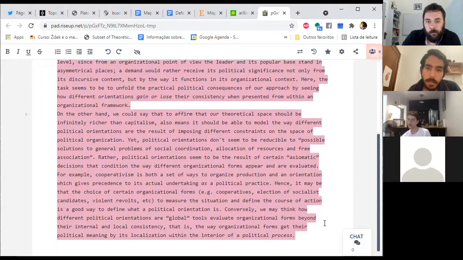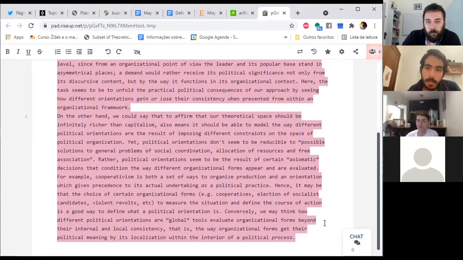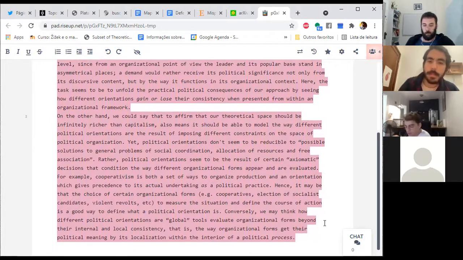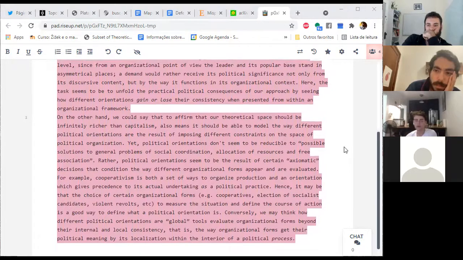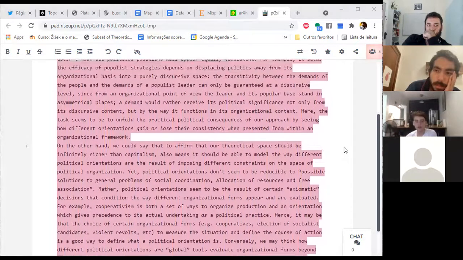I do think this ties in a bit to what I was saying before about the difference between, I guess, the phenomenological and the epistemological difference, right? I think political orientations appear more clearly and fully formed at the level of a model.